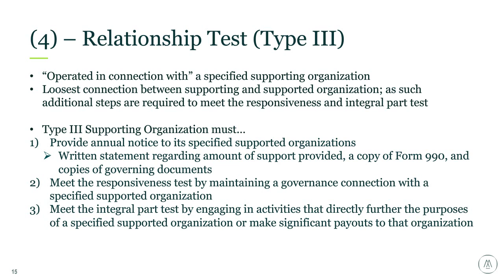The notice actually must be addressed to the principal officer of each supported organization and must contain, first, a description of the type of support and the amount of support provided by the organization during the preceding tax year. 2, a copy of the supporting organization's most recently filed Form 990. And 3, a current copy of the supporting organization's governing documents, unless those documents were previously provided and there really have been no changes.